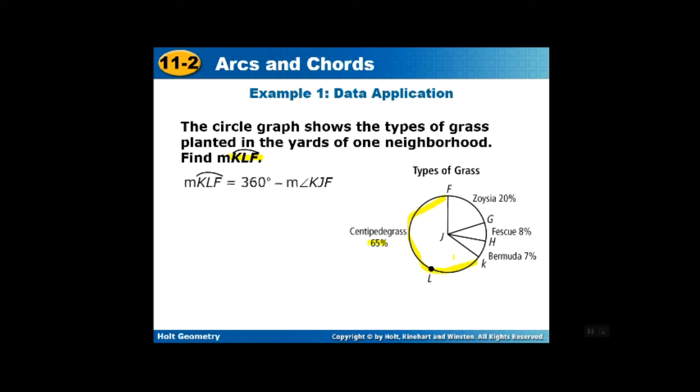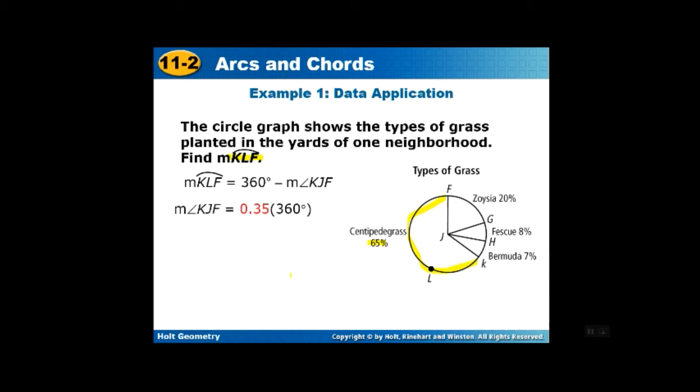The full circle, we all know, is 360 degrees. In order to find it, we will subtract 360 minus the measure of angle KJF. KJF here is 20%, 8%, 7%.